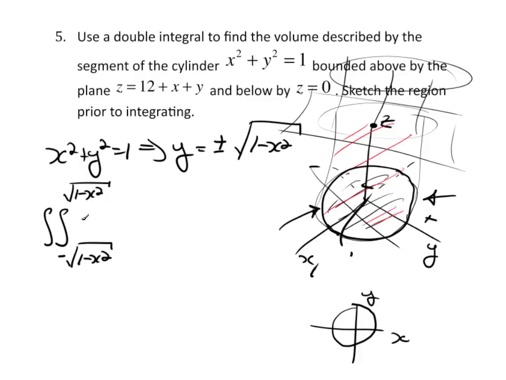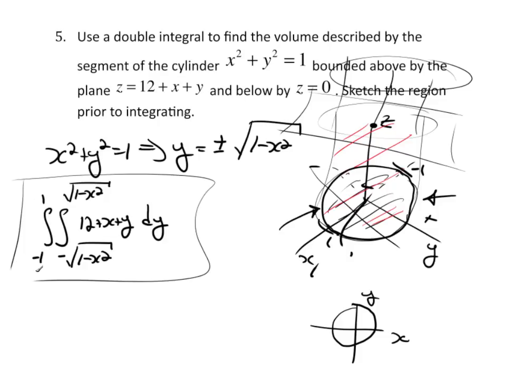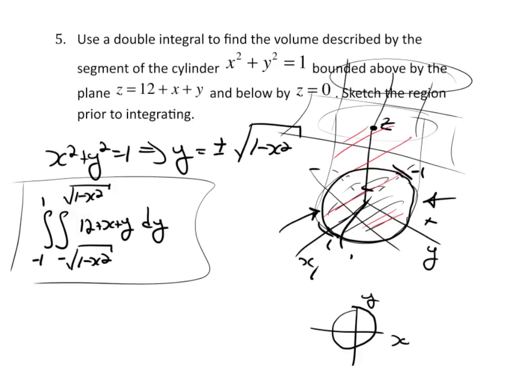So this is just going to be 12 plus x plus y. Now this describes what's happening to y, so this would be dy. And notice that x will go from negative 1 to 1.